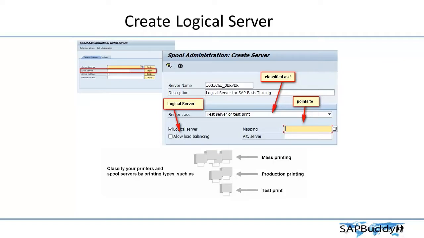We can specify whether the server we are creating is a logical server or not, and we can also point to some mapping. Mapping means where you will point this particular logical server. Let's go to the system, then we can see this in more detail.